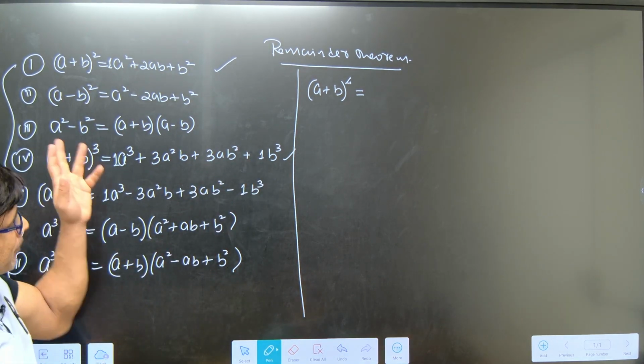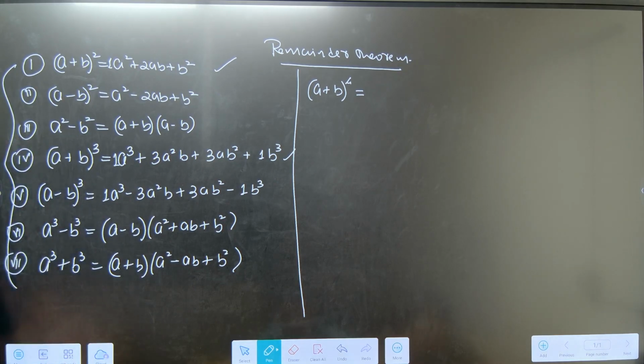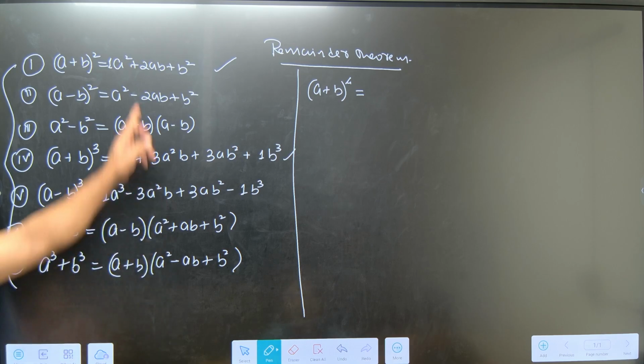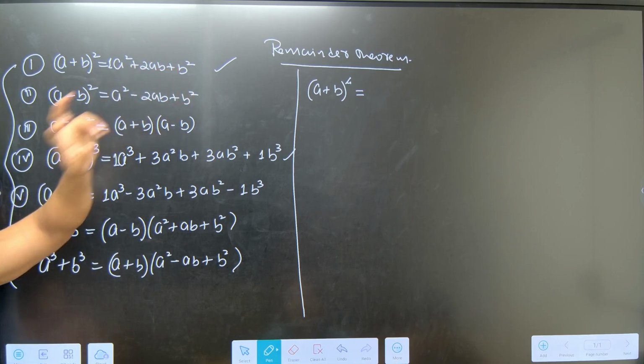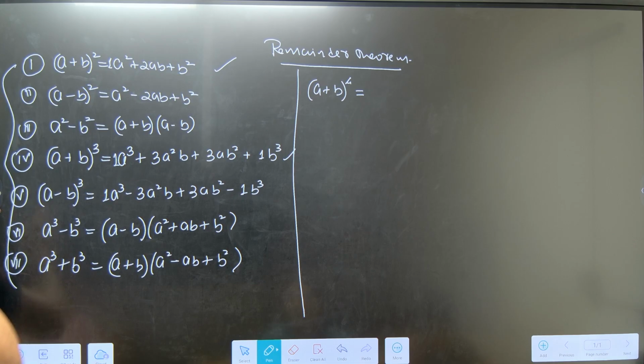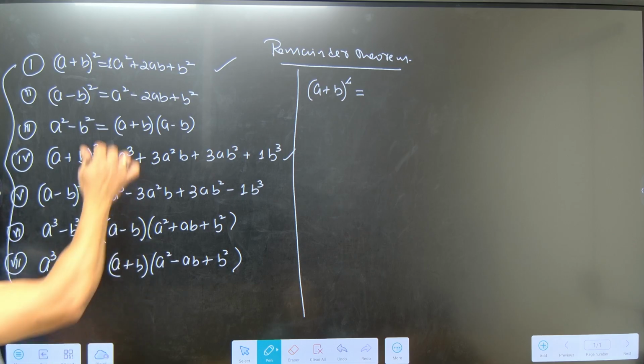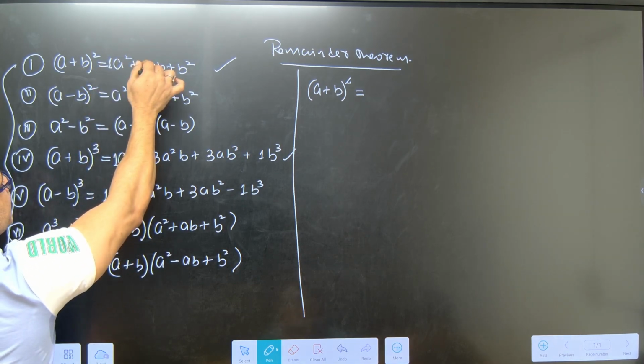First focus on what is happening to a and b. In a plus b whole square, your first term is a square. Then the second term has power of a as 1, power of b as 1, and then a is gone. See, a and b alternate. A square, a raised to power 1, a is gone.